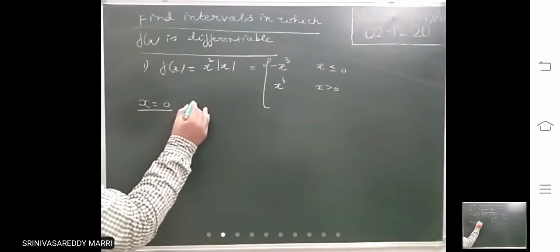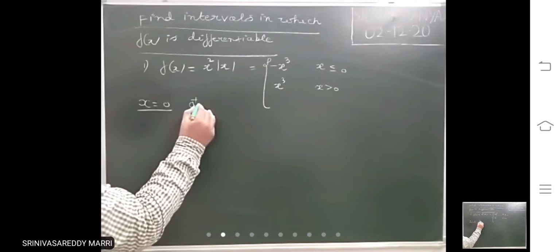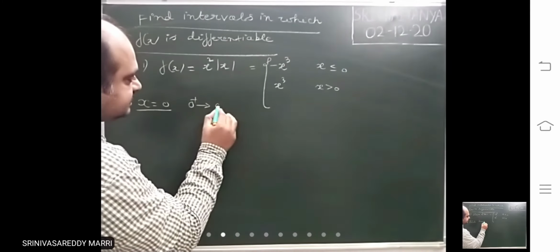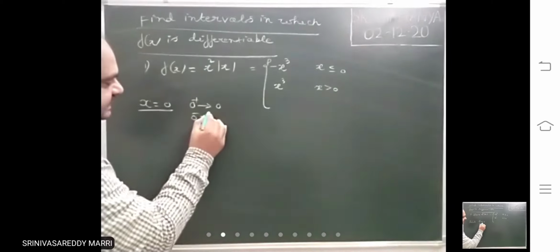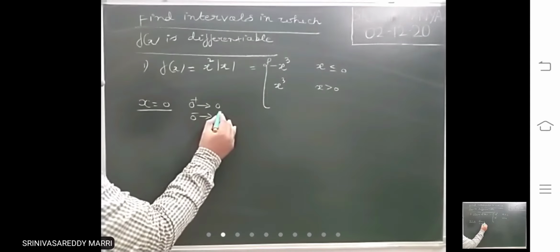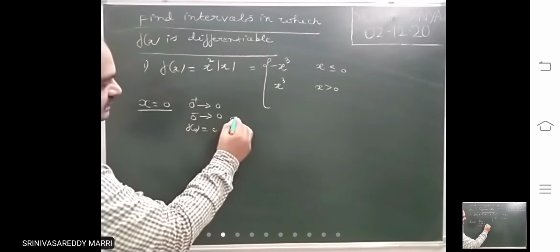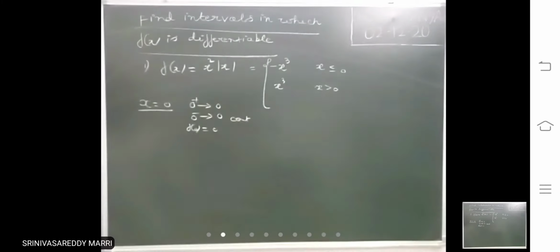If you observe continuity, it is obvious. The right limit at 0 is 0, the left limit at 0 is 0, and f of 0 is 0. That means it is continuous.